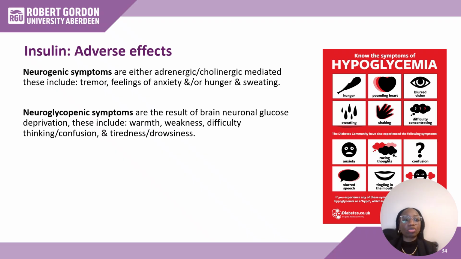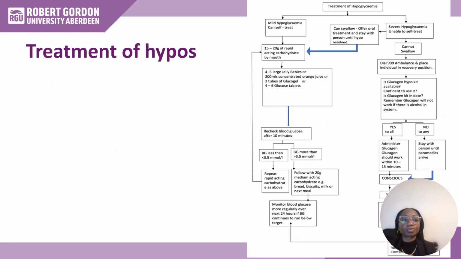And then you have the neuroglycopenic symptoms that are a result of brain neuronal glucose deprivation. These include warmth, weakness, difficulty thinking, confusion, tiredness, and drowsiness. Okay, so it is important for us to educate our patients on insulin about these.